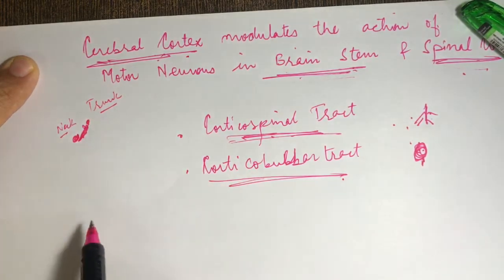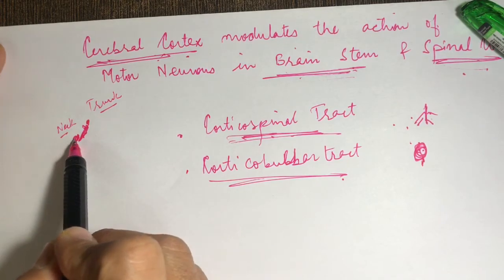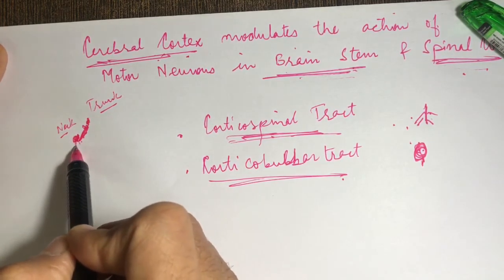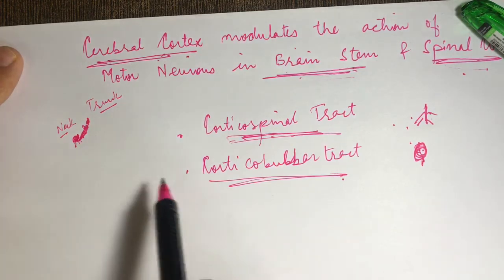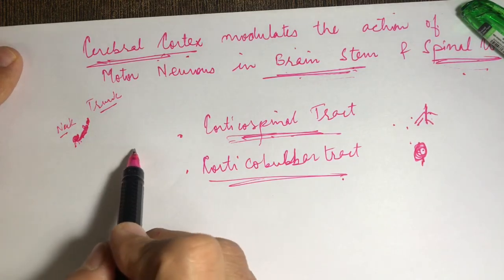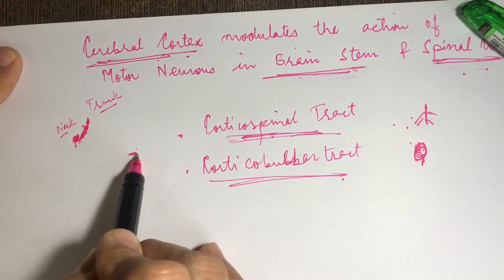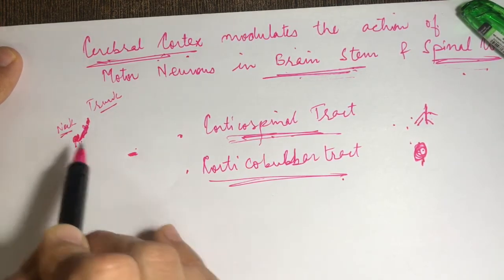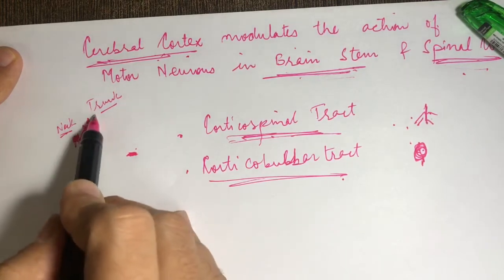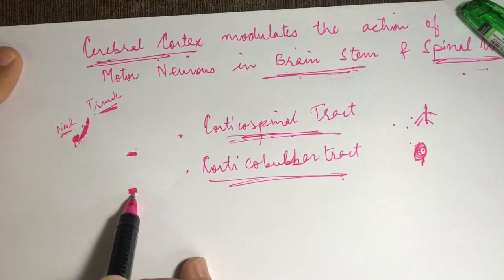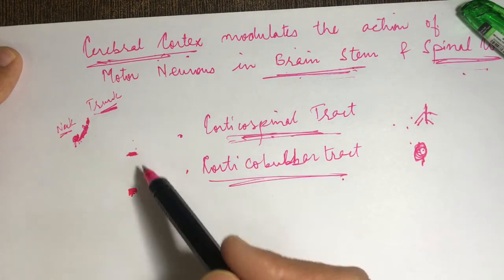Neck and trunk. If we provide a lesion on this particular motor homunculus, then what will we notice? We will notice that the neurons within the spinal cord at the level of the neck segment, the brachial plexus level, and the neurons located in the spinal cord at the lumbar plexus level will also die down. They will reduce in number.